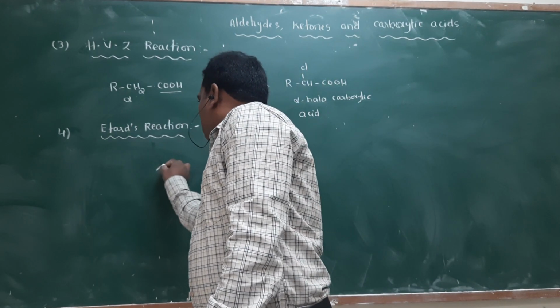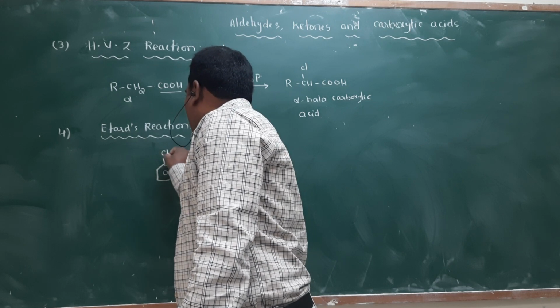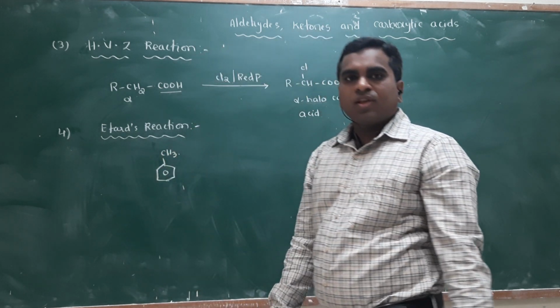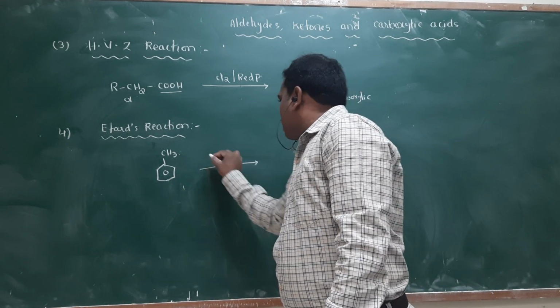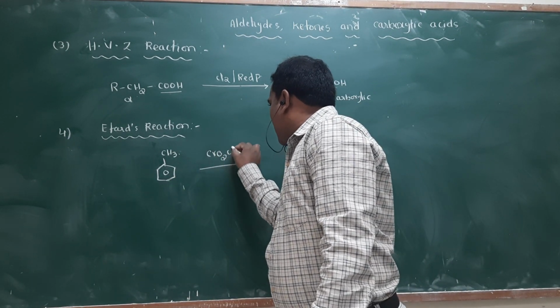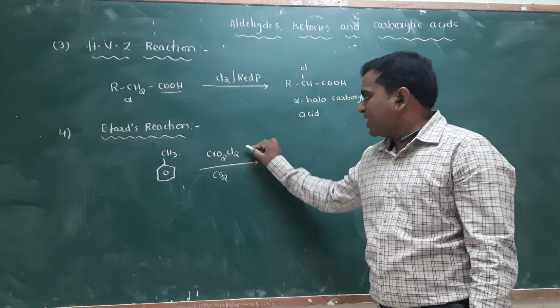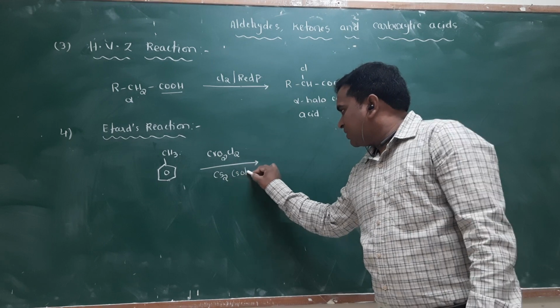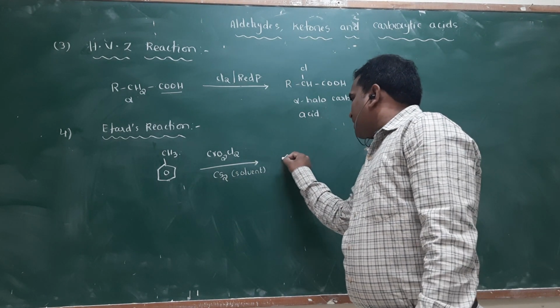Clear? And you know that whenever toluene, alkyl benzenes, this is what it is known, alkyl benzene, is treated with chromyl chloride, CrO2Cl2, in presence of CS2. This is the reagent and this is the solvent. Okay. And you will get the compound here.